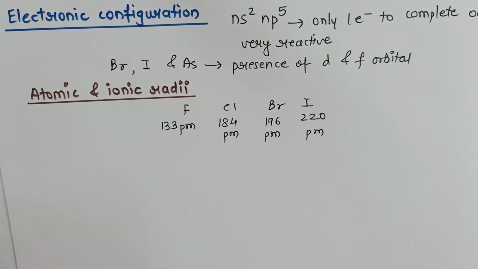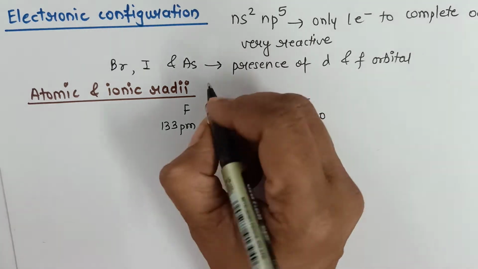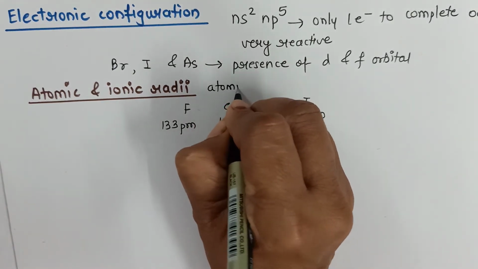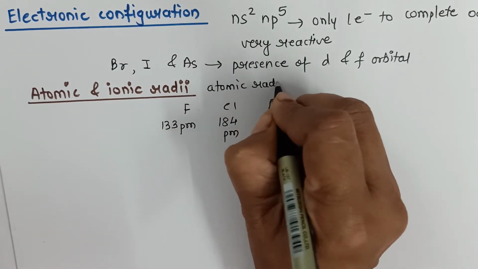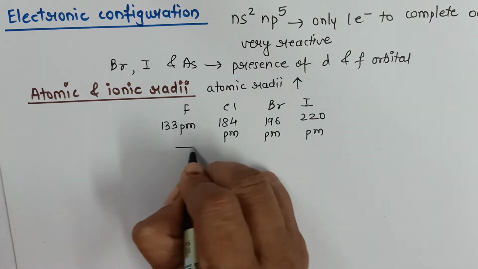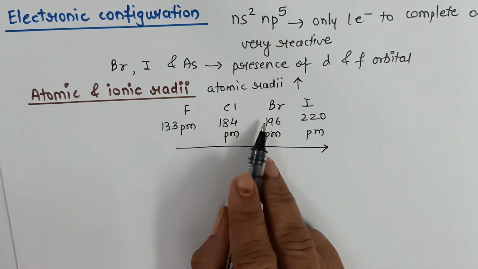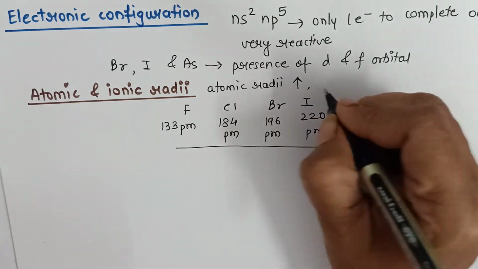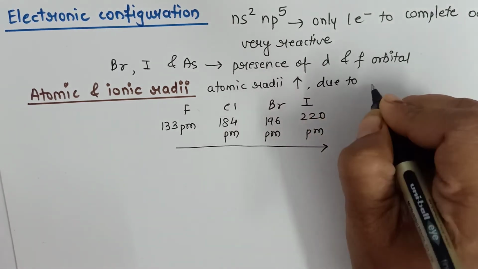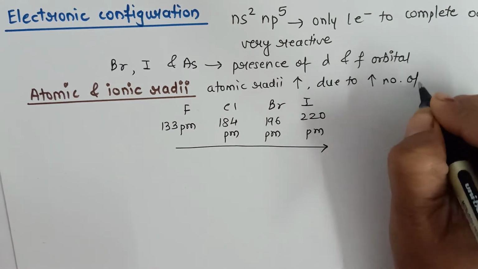The second property is atomic and ionic radii. As we move down the group, the atomic radii increase from fluorine to iodine, as you can see in this information. It is due to the increase in number of shells.